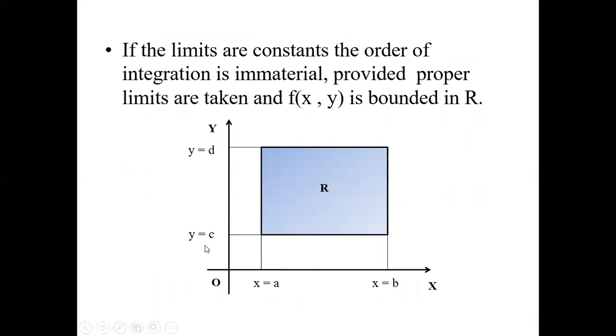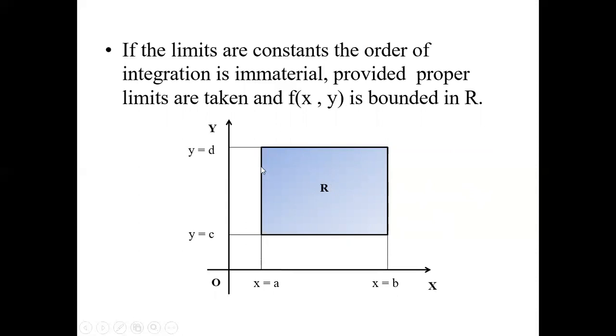If the limits are constants, the order of integration is immaterial, provided proper limits are taken and f of x, y is bounded in the region R. So here, this is the region R, which is a rectangular region.